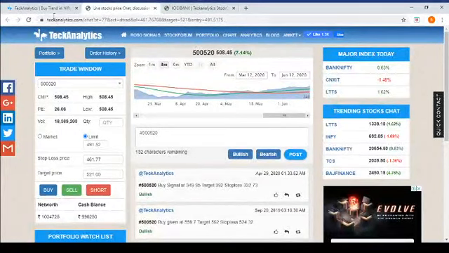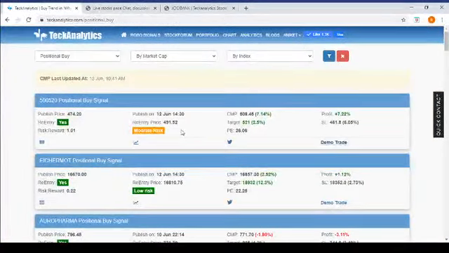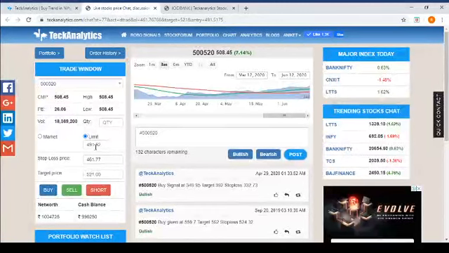So demo trade will again take you to the same table, but it will fill the data for you, right? So as you see, our entry price, which is our negotiated limit price, 491. It will pop up all the data. 491, stop loss is 461, and the target is 521. You can still modify it, but demo trade basically uses the power of AI, and the quantity you have to fill.